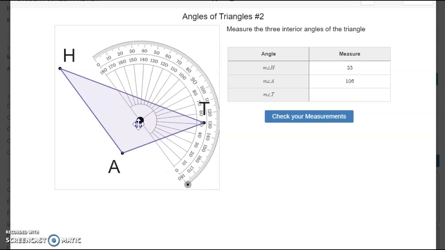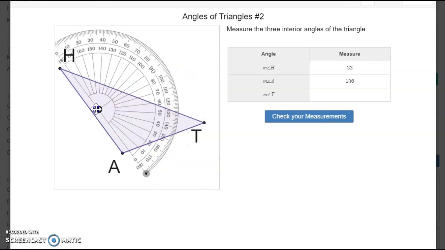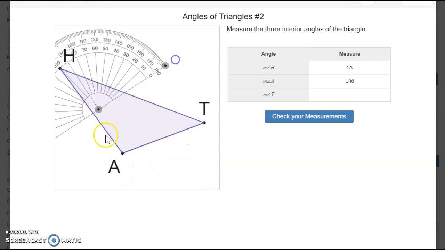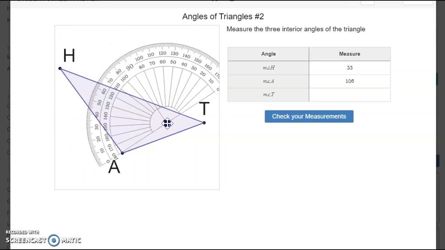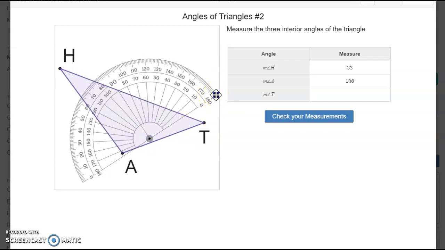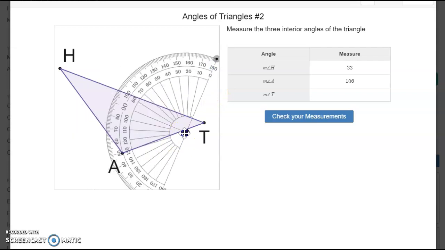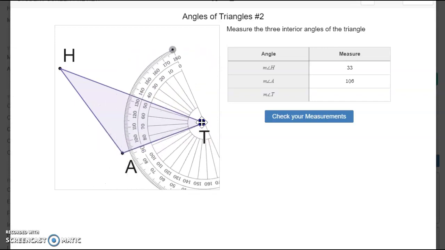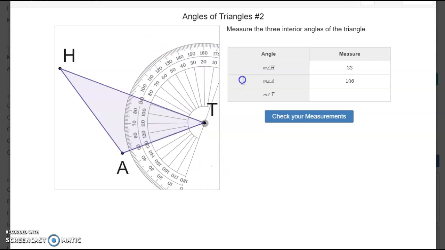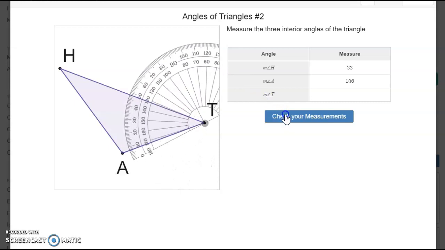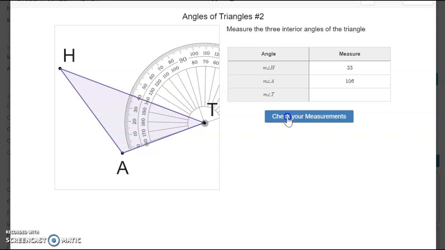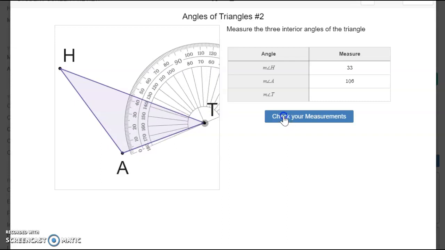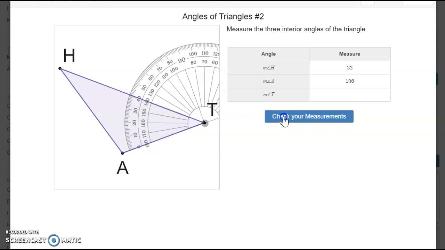So I am going to be moving my center of the projector to be right on top at the vertex, and I need to line this up so that the edges, the triangle side and the edge of the projector line up.